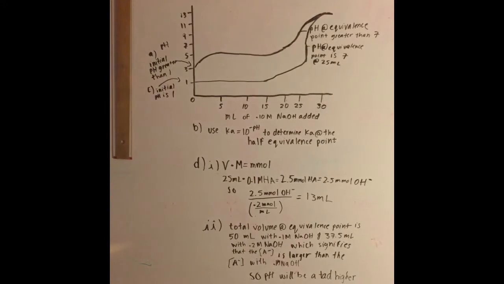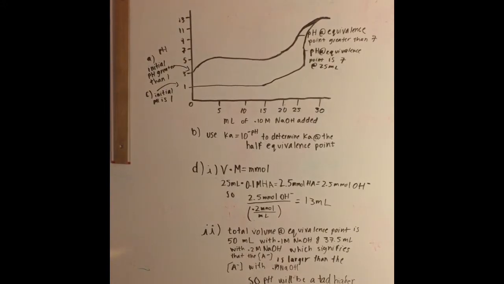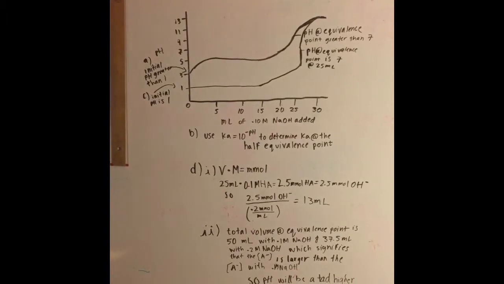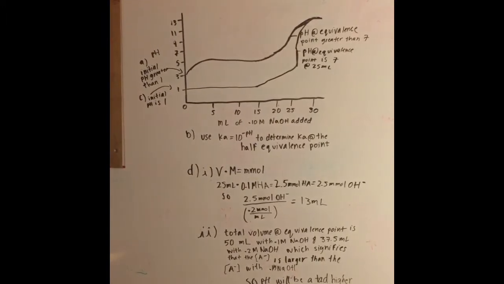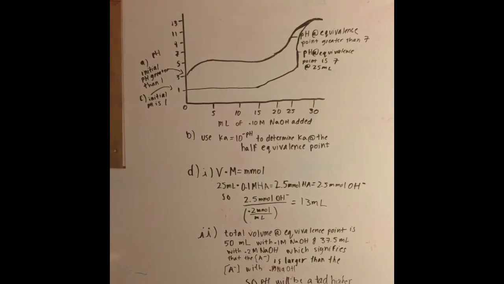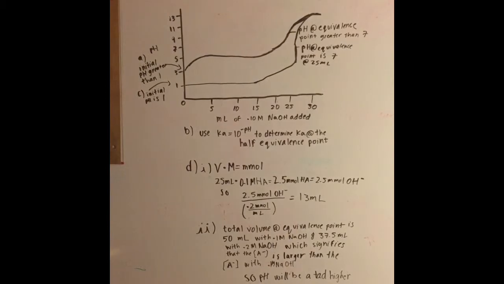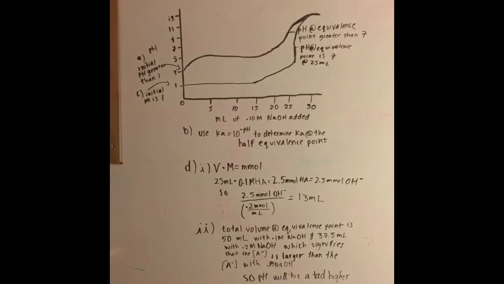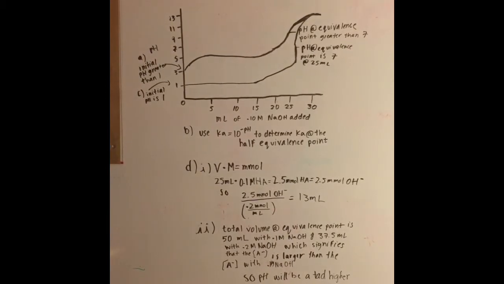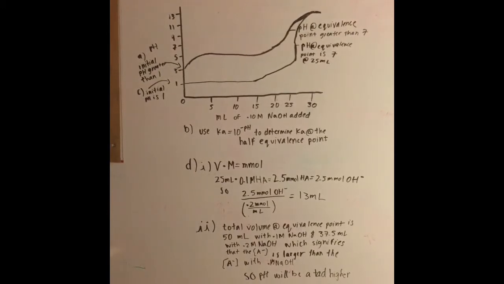Part D. A 25 milliliter sample of 0.1 molarity HA is titrated with 0.2 molarity NaOH. Part I. What volume of base must be added to reach the equivalence point? So I use volume times molarity is equal to millimoles. I multiplied 25 milliliters times the 0.1 molarity of HA solution, and I got 2.5 millimoles of HA.